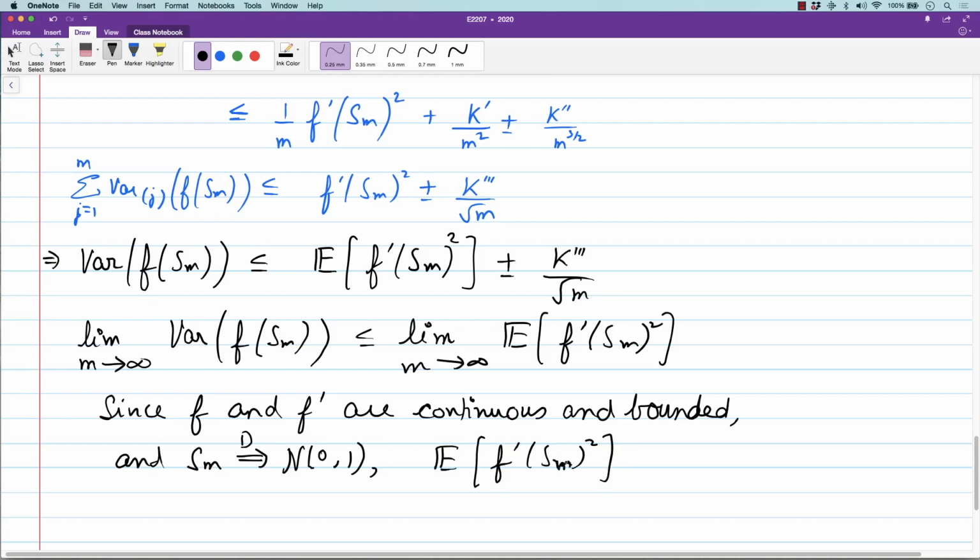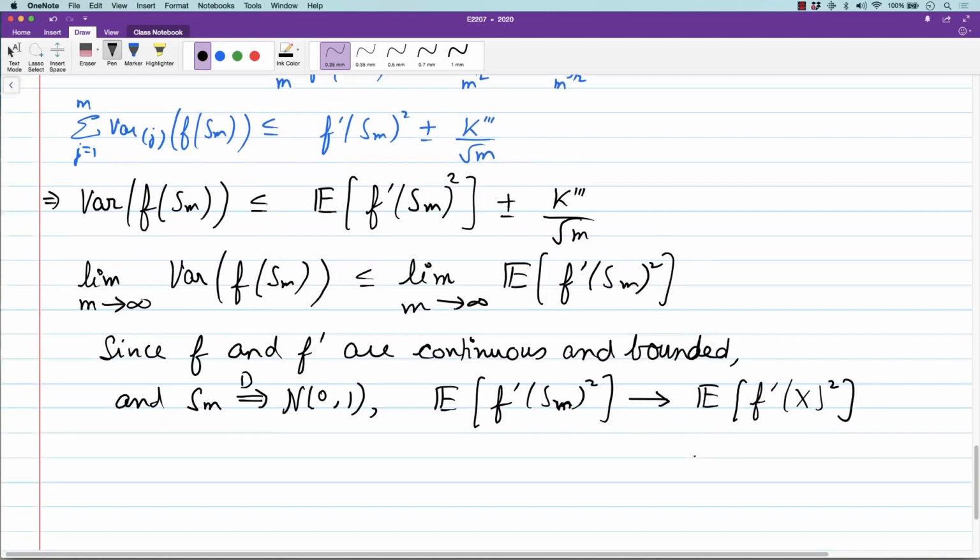For any continuous function this is true. In particular, f prime square is continuous. This is just by the definition of convergence in distribution.